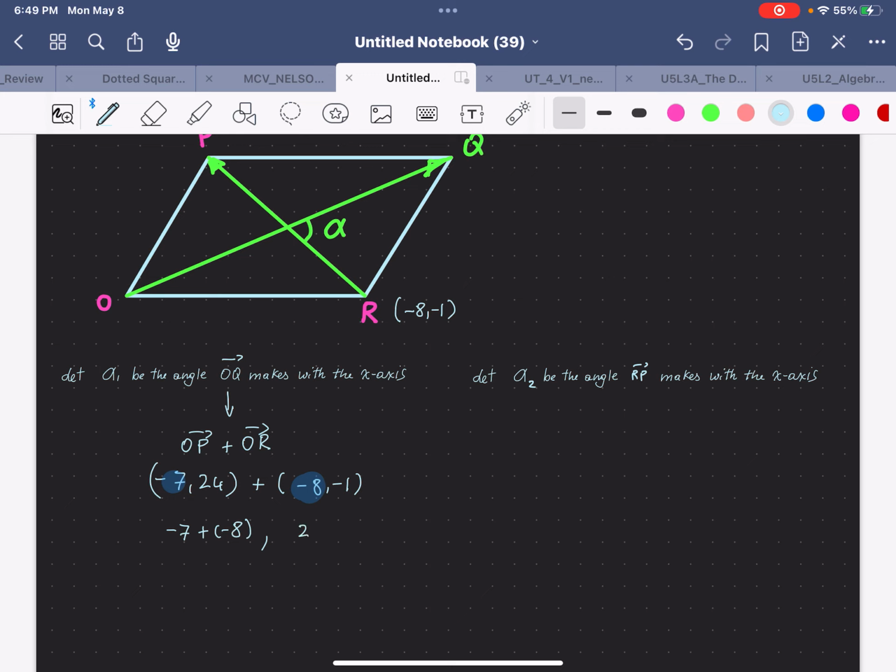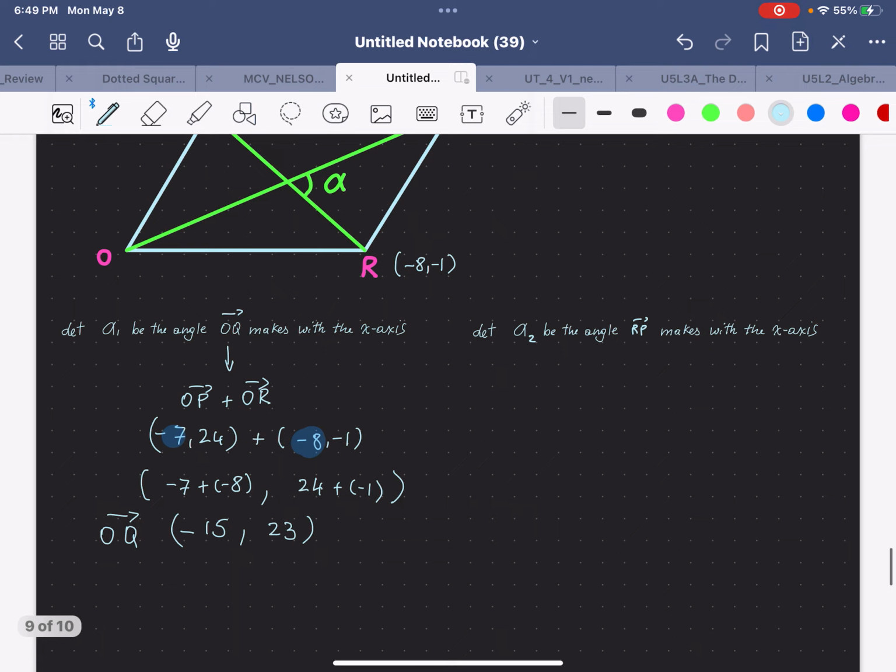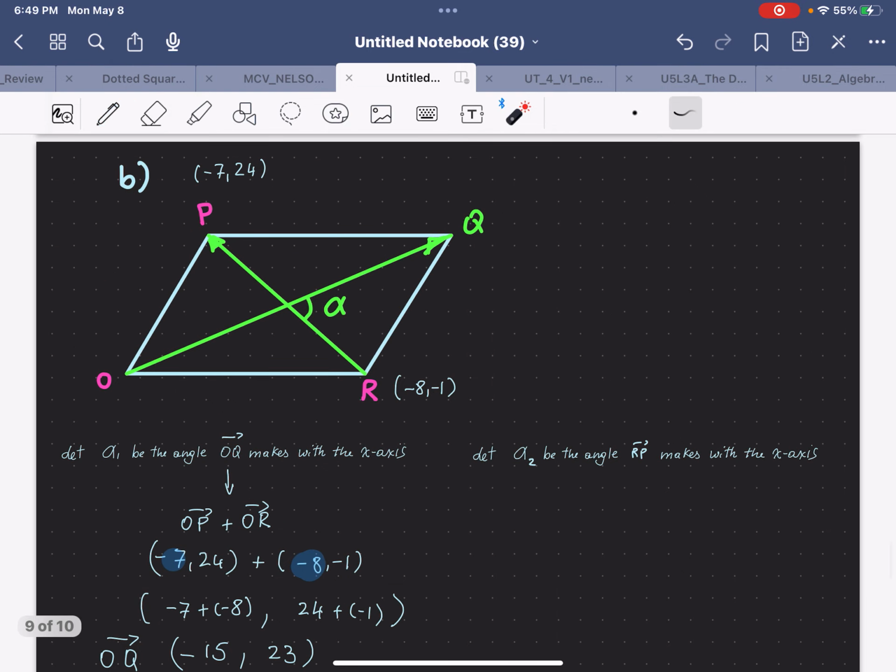And for y coordinate, we have 24 plus -1. -7 plus -8 is -15. 24 plus -1 is 23. So with this, we obtain the coordinates of OQ. In a similar way, now we're finding the coordinates of RP. Now, vector RP would be equal to RO plus OP.